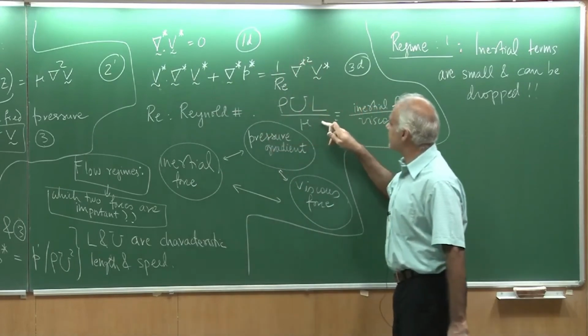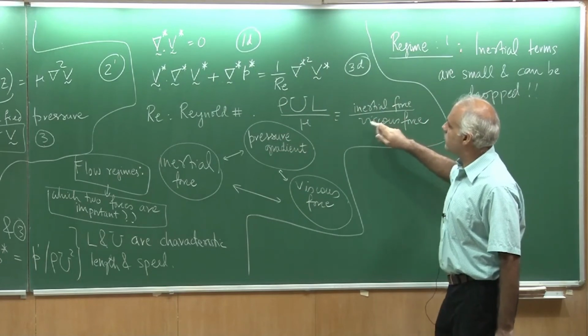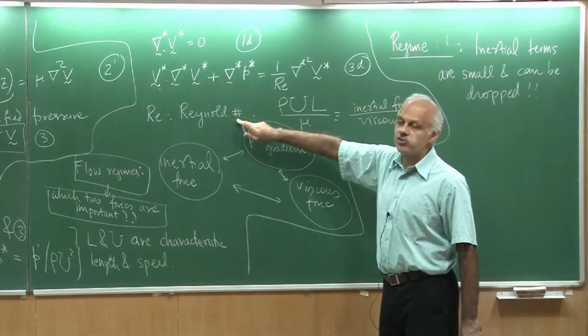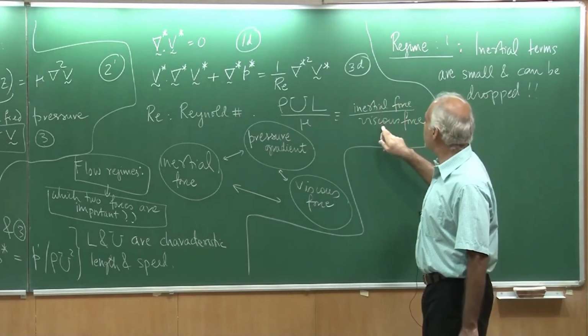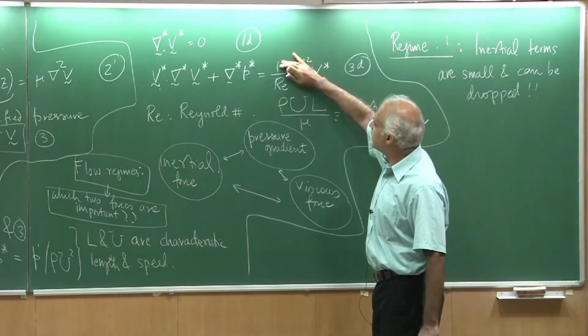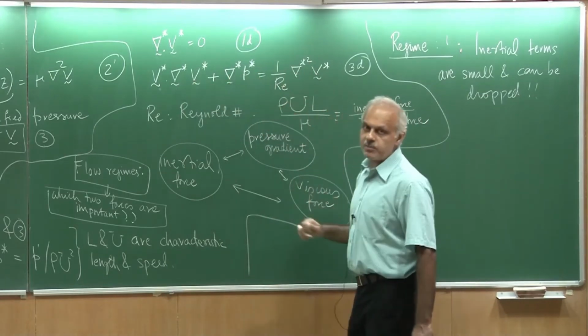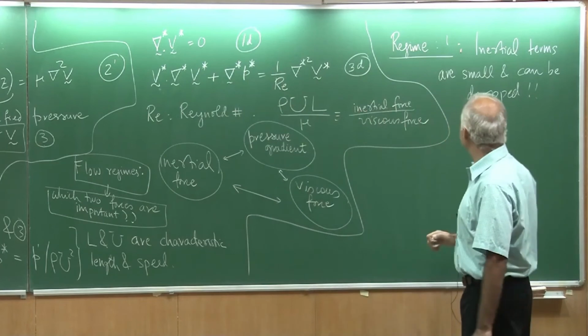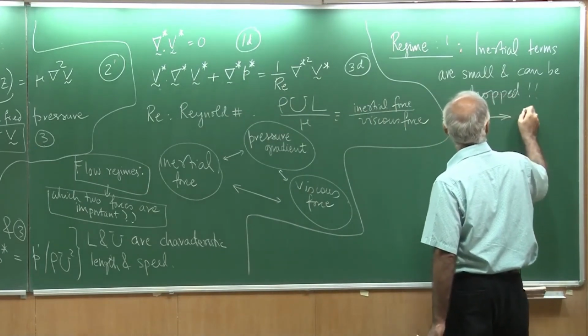Reynolds tell me the ratio of the inertial to viscous. So, if Reynolds number is small, that means the inertial terms are small compared to viscous terms. So, I can retain this, I can get rid of this, and then the pressure will have to be balanced by viscous forces. So, this is essentially when Re tends to 0.